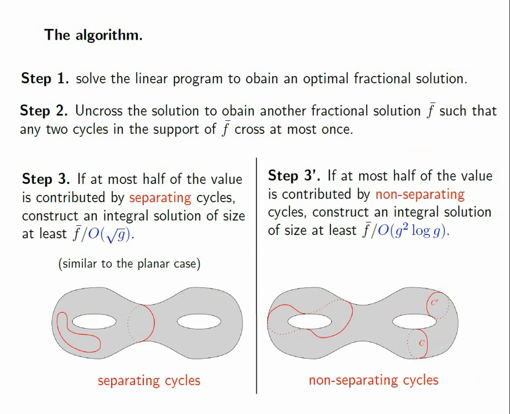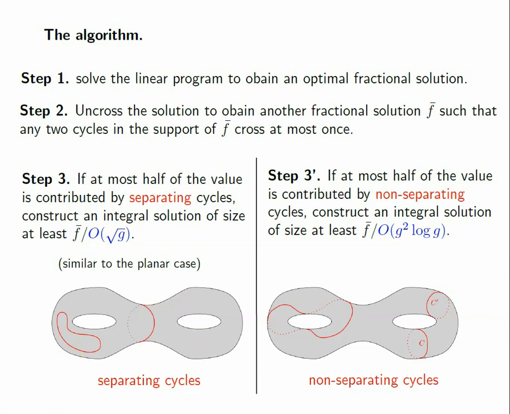Then the algorithm distinguishes two cases. The first case is when at least half of the value of the fractional solution is on separating D-cycles, whereas separating cycles are the ones that separate the surface into two connected components. For instance, any cycle embedded in the plane is separating.